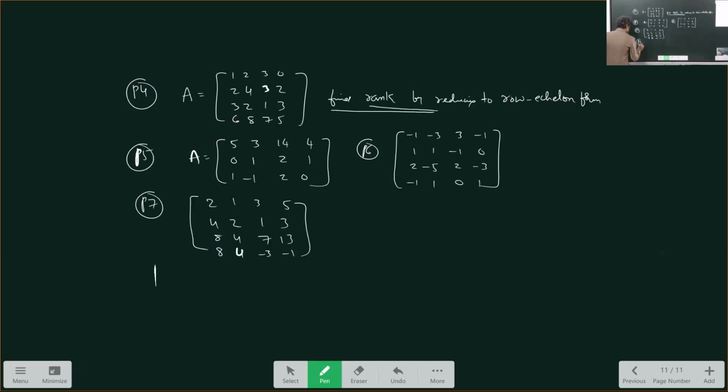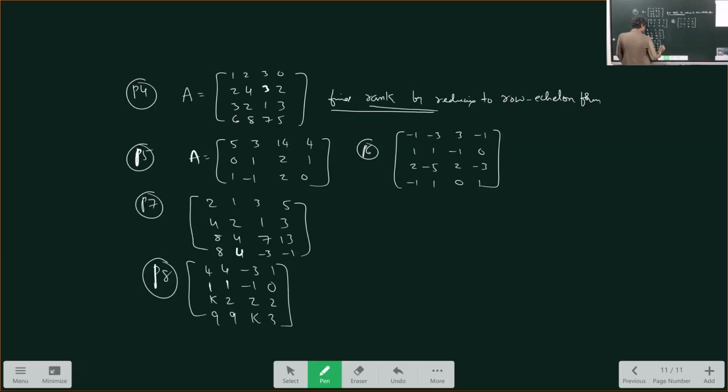P8: 4 4, -3 1, 1 1 -1 0, K 2 2 2 9 9 K 3.